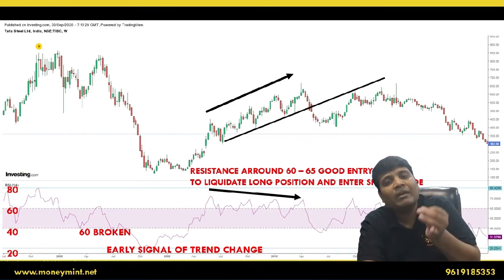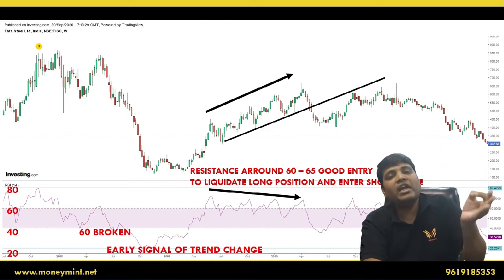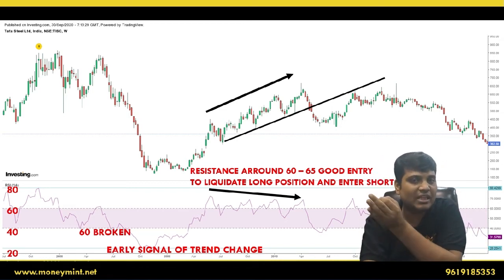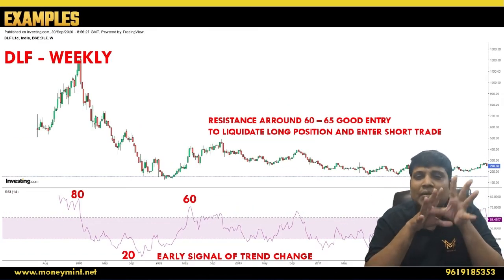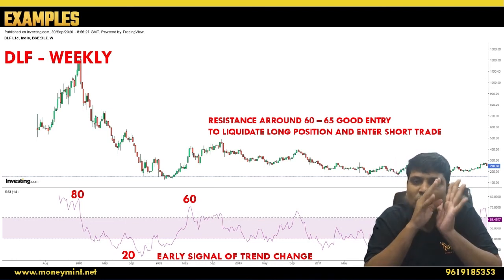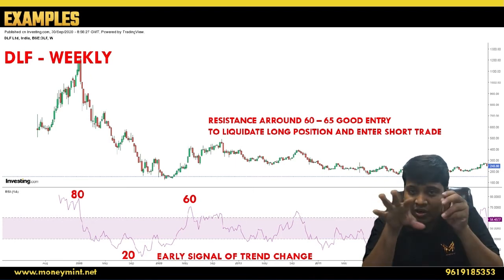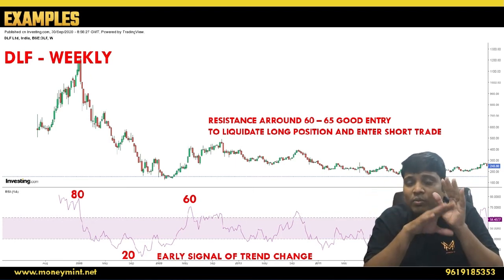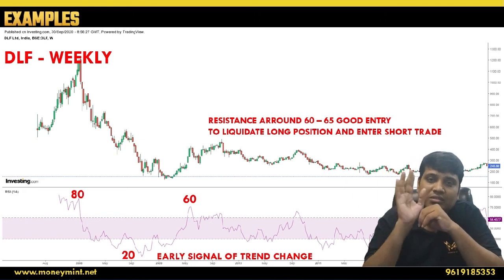So this is what I mean by the transition in the trend, 80 to 20 and then 60, then there can be the transition. Now you see here the example of DLF. DLF was continuously falling from the high it made to the 20 level, and then for the first time when it was hovering around the 60 to 70 zone, you will find after that it went into a bear market for years.